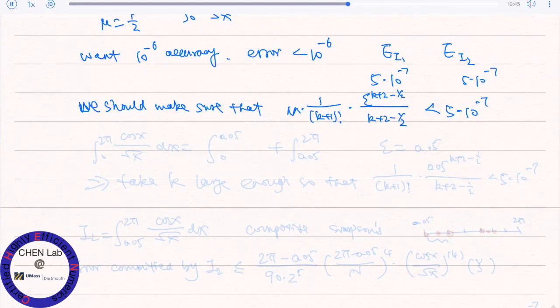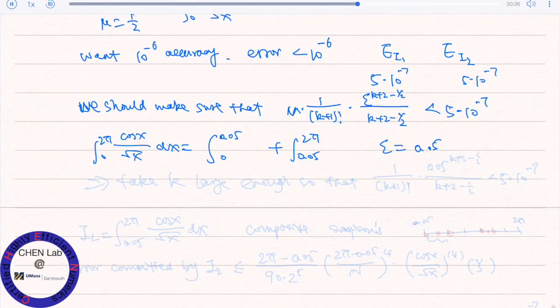We're going to integrate from 0 to 2 pi of cosine x over square root of x dx. We're going to take 0 to 0.05, plus 0.05 to 2 pi, which means epsilon is 0.05. That's our epsilon. So as long as we take a k that's large enough, we can make this happen.